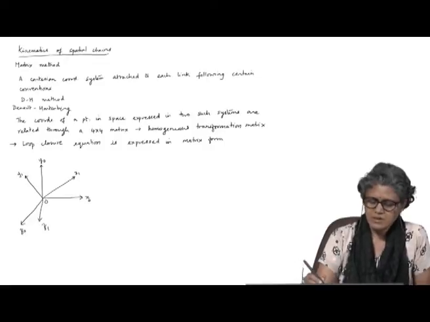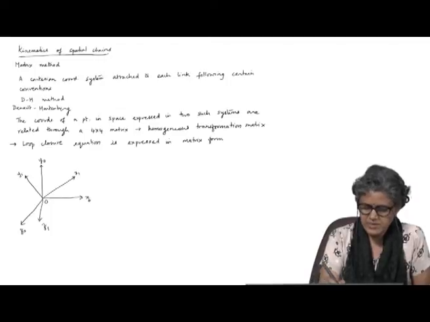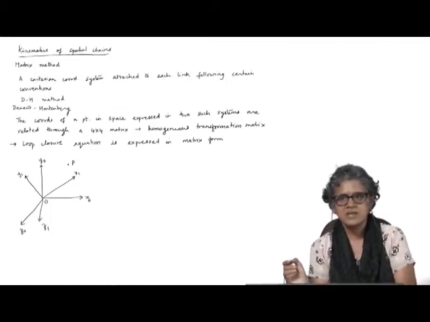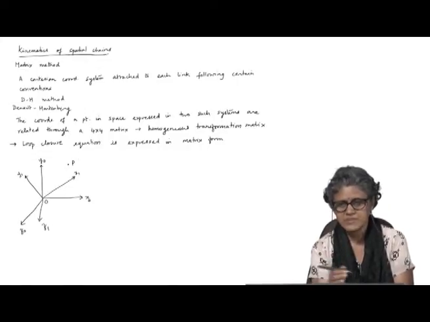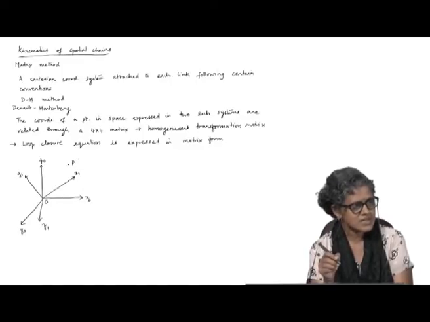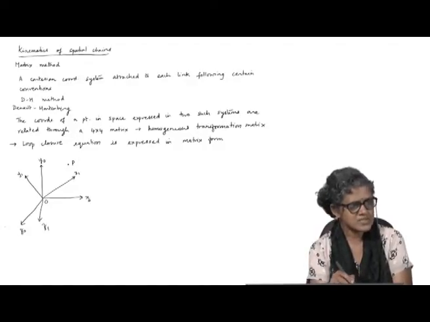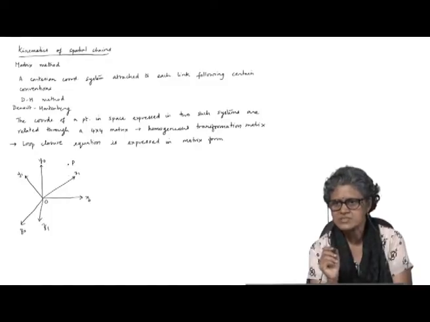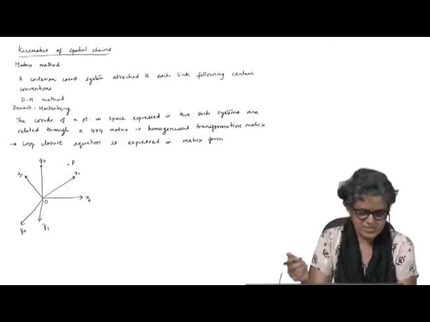Okay. Two coordinate systems. So, let us say there is a point P located in space and we want to express this point P. So, it has a certain set of coordinates in the x0, y0, z0 coordinate system and another set of coordinates in the x1, y1, z1 coordinate system, and we want to relate the two sets of coordinates.